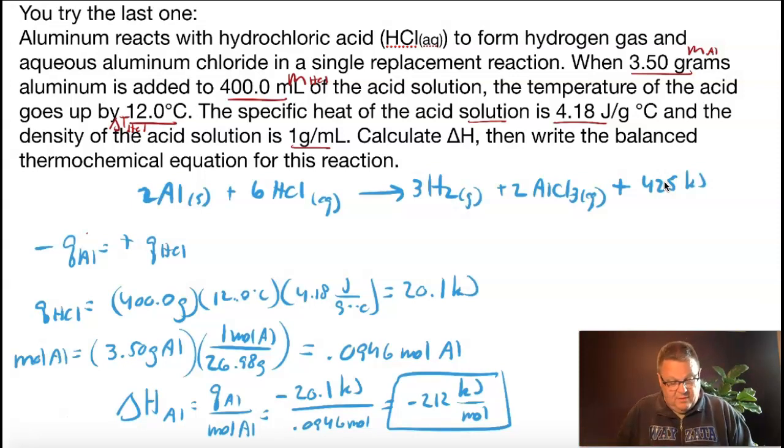But notice, this is the amount of heat released when 1 mole of aluminum is reacted. And since we have 2 moles of aluminum here, I'm going to release twice as much heat. So I have to take this number and double it, put it here. So when 2 moles of aluminum reacts, not only will I produce this and this, but I'll also produce 425 kilojoules of heat.